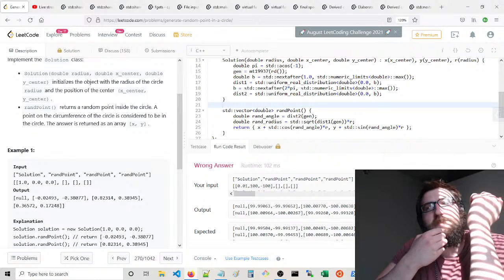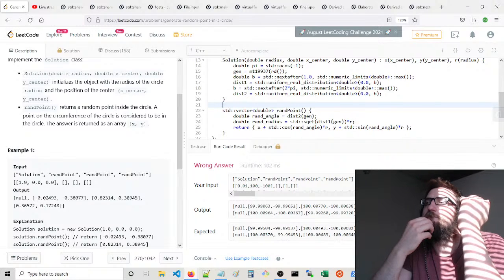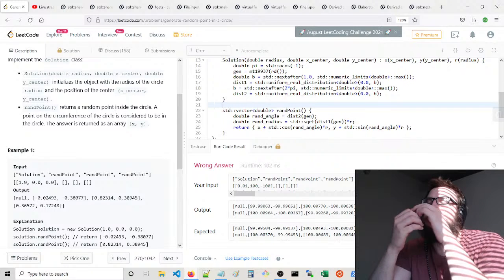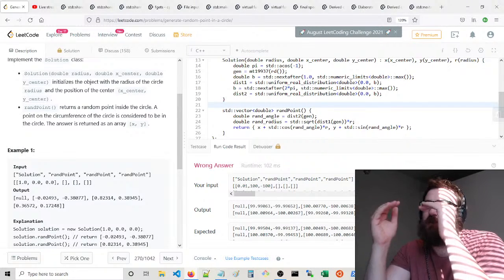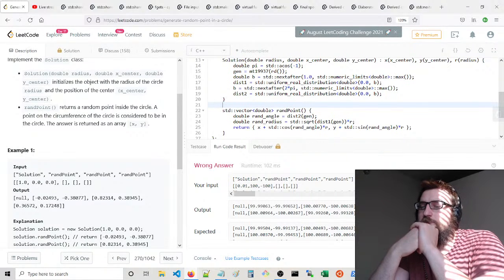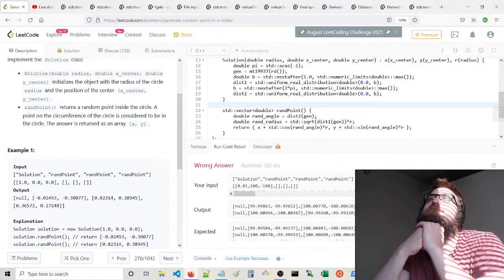So the way to ameliorate this is to take the square root of your generated value, and so there will be way more points. I think it's the square root. There's a squared relationship between the number of points in the donut and in the hole of the donut. Is that right? Yeah, I think so.